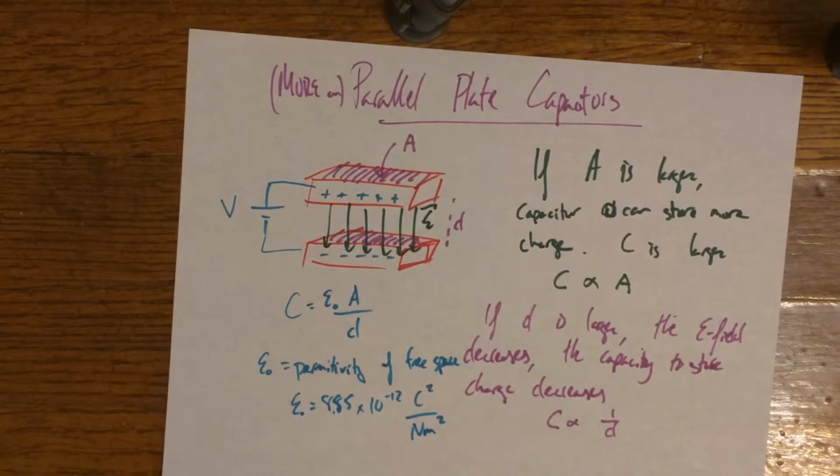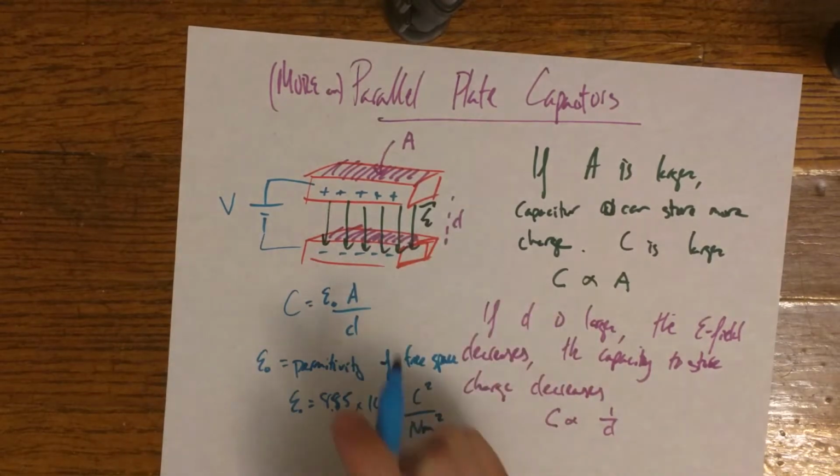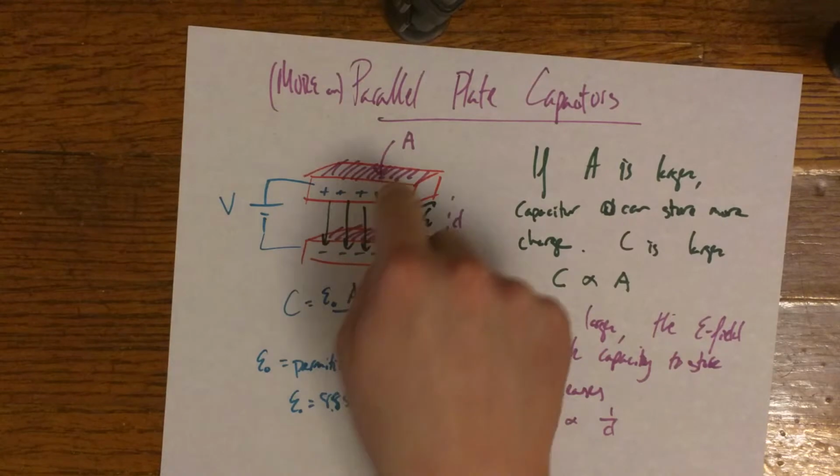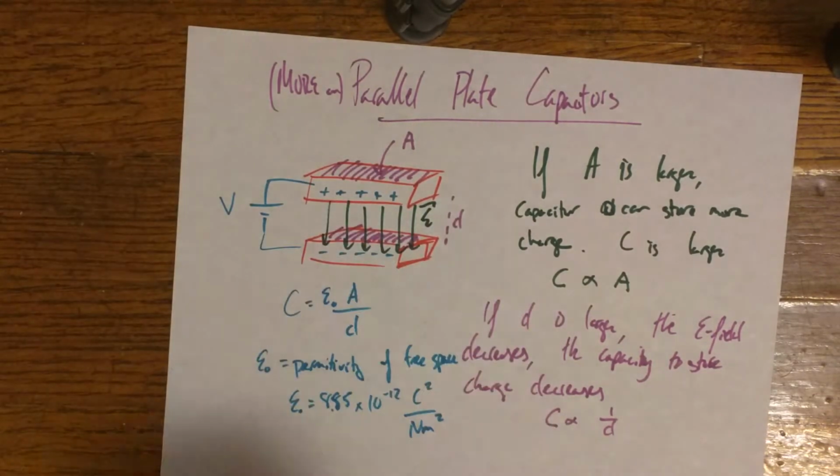Okay, so suppose that we fully charge up this capacitor. We leave the battery on for a given amount of time. We build up some positive charge, we build up some negative charge.